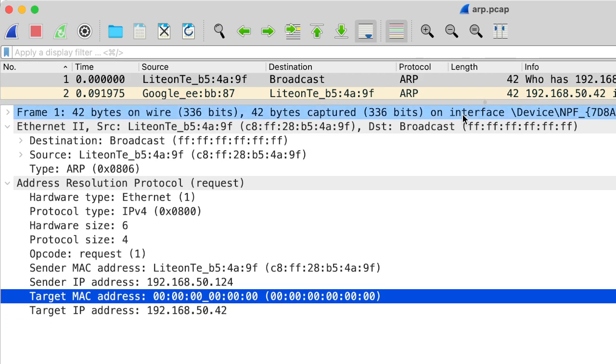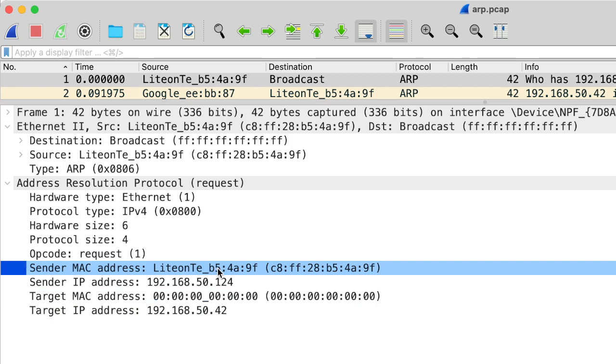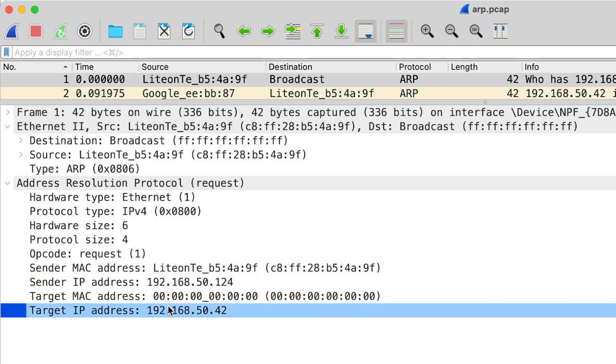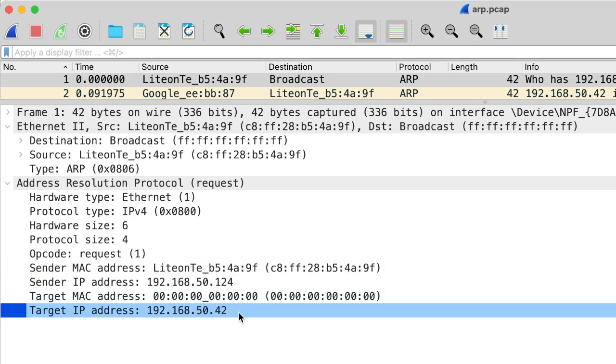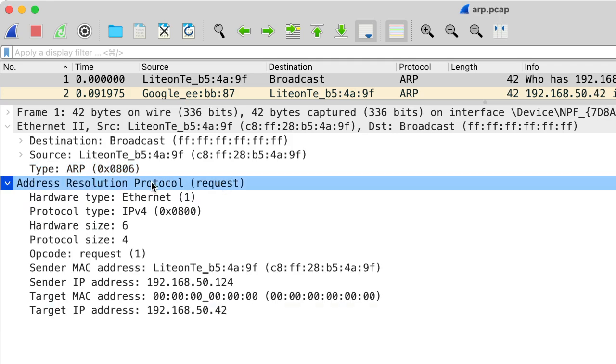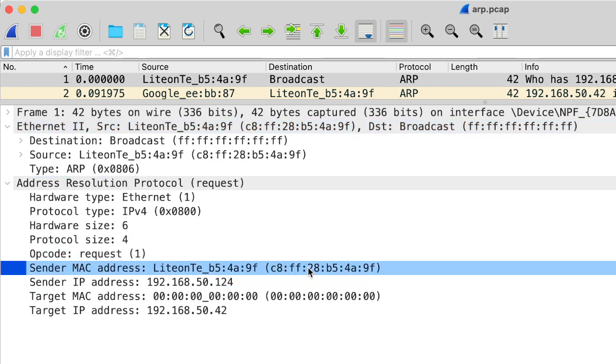The purpose of our packet is that I know my IP address and I know my MAC address, but I'd like to know the MAC address of an IP in the subnet. So basically the ARP request, which is attached in the Ethernet frame, specifies who I am.